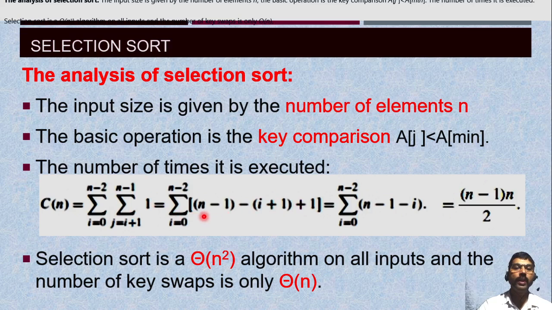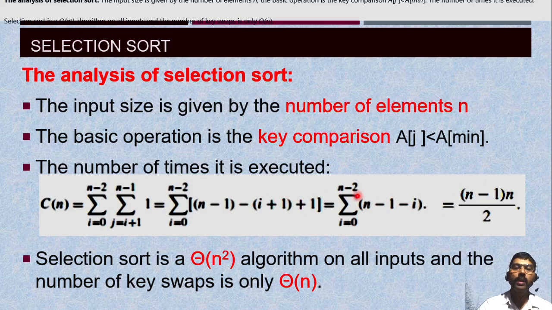When you simplify it, you get this formula: this part minus this part plus this one. When you solve this mathematically, you find that 1 and 1 cancel out. That is nothing but n minus 1 minus i.